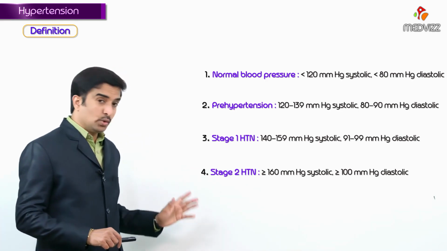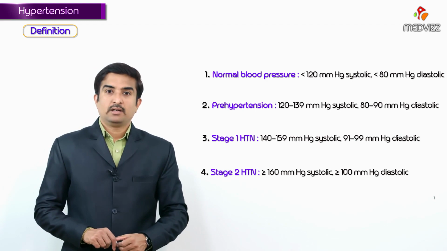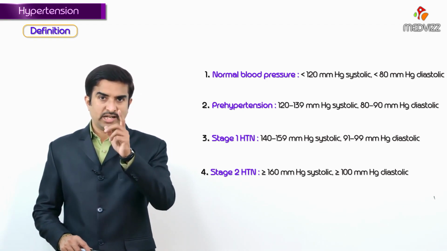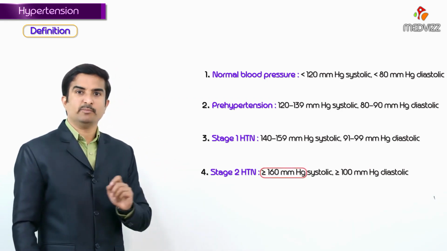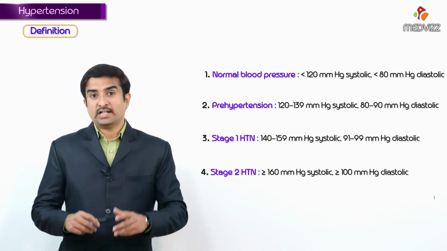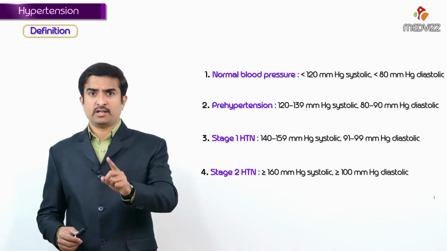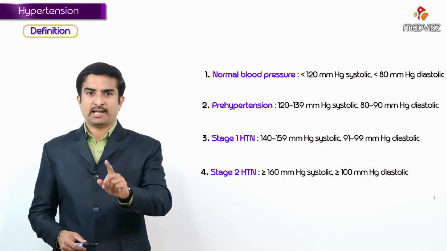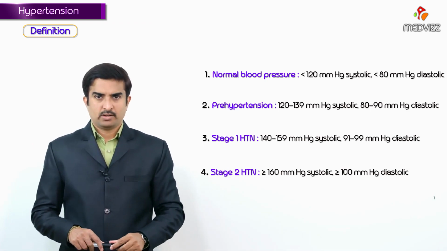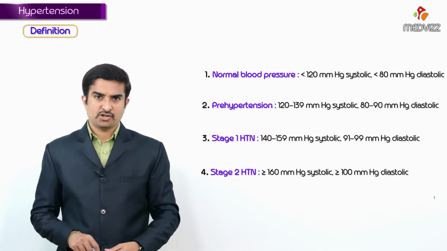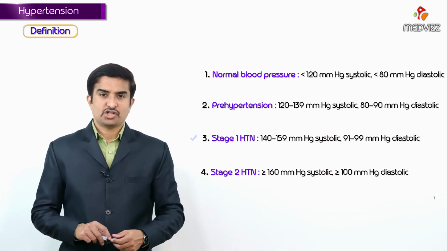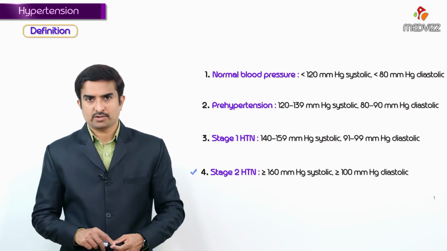And stage 2 hypertension is when the systolic blood pressure is greater than or equal to 160 millimeters of mercury, and the diastolic blood pressure is greater than or equal to 100 millimeters of mercury. So this is how we classify hypertension: normal blood pressure, pre-hypertension, stage 1 as well as stage 2 hypertension.